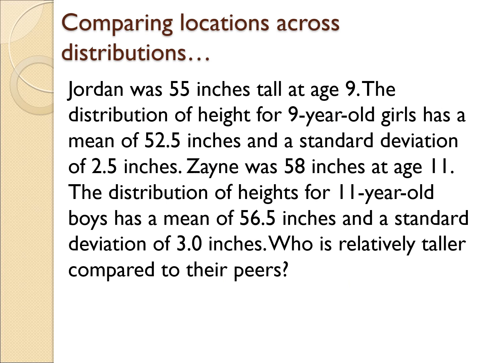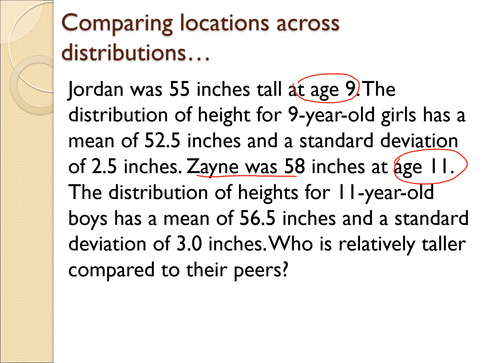Now, one of the main reasons that we use z-scores is because it allows us to compare data values in different distributions. So, for example, Jordan was 55 inches tall when she was 9 years old. Zane was 58 inches tall when he was 11 years old. So these are two children at different ages. We know their heights. Obviously, the 11-year-old is taller, right?